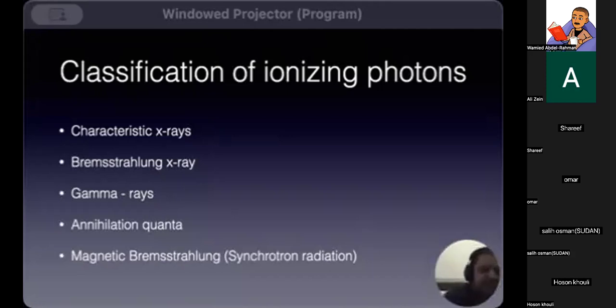Then definitely there is going to be acceleration, and when there is acceleration, radiation is produced. This is similar to Bremsstrahlung X-rays, which we're going to deal with today.